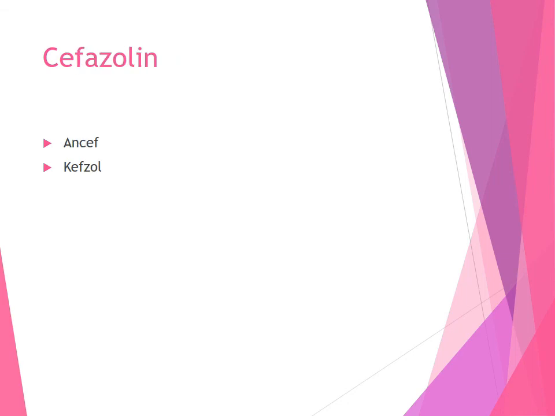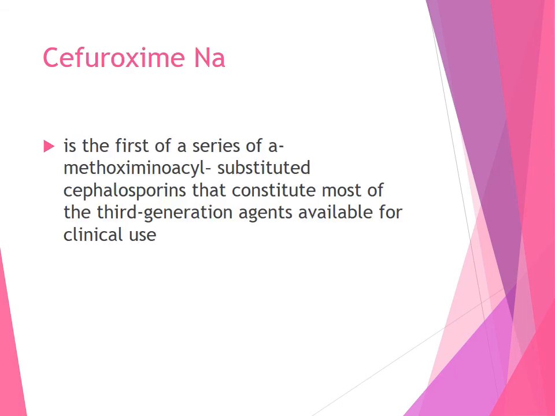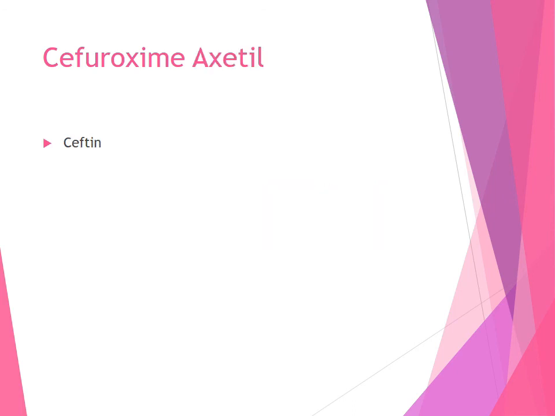Cefazolin, brand name Ancef and Kefzol. Cefapirin, brand name Cefadyl. Cefamandole, Mandol. Cefonicid, Monocid. Ceforanide, Precef. Cefoperazone, Cefobid. Cefoxitin, Mefoxin. Cefotetan, brand name Cefotan. Cefuroxime sodium, brand name Zinacef. This is the first of a series of alpha-methoxyimino acid substituted cephalosporins that constitute most of the third generation agents available for clinical use.